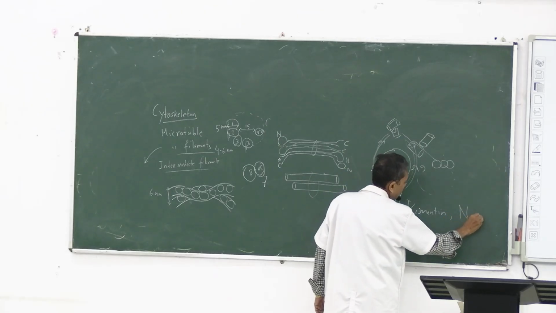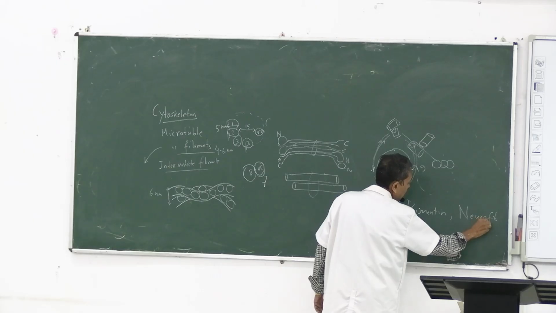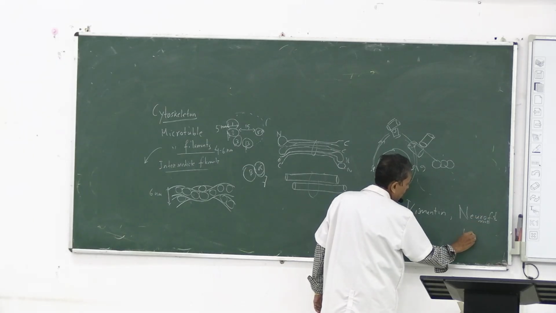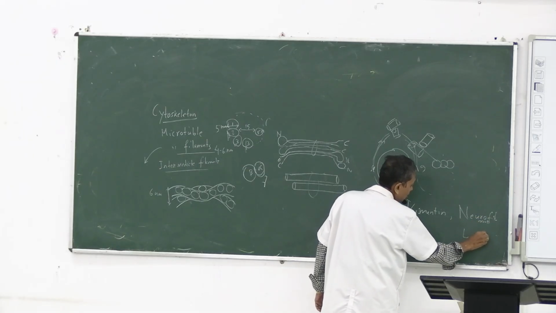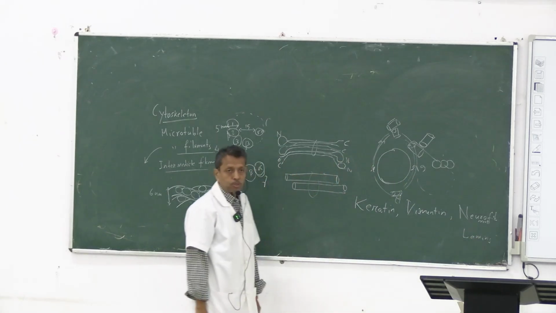Neurofilament. Lamins. Roughly 4 groups.